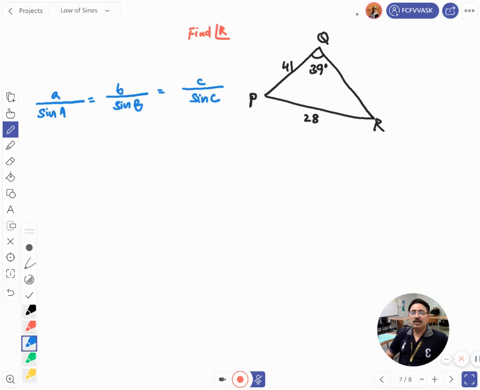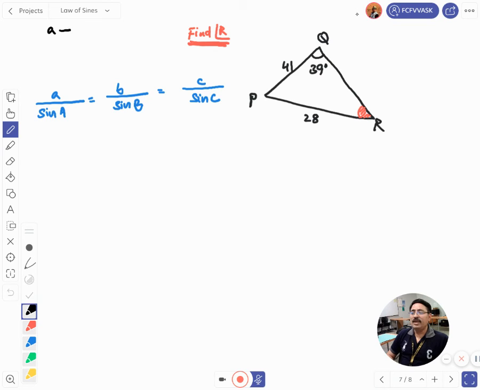Let's say that you are asked to find angle R. So this is what you have to figure out. In this question, instead of A, B, C, I see that P, Q, and R are given.